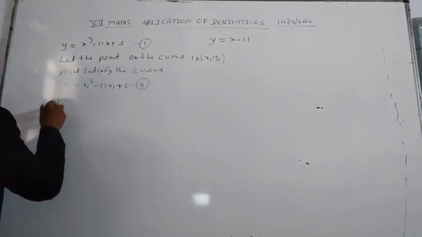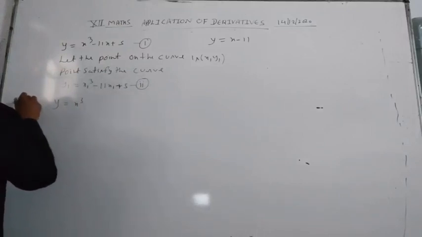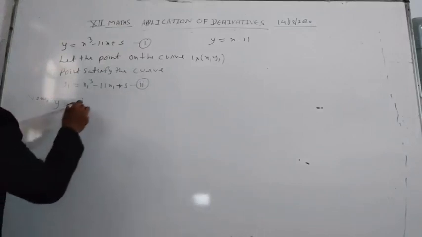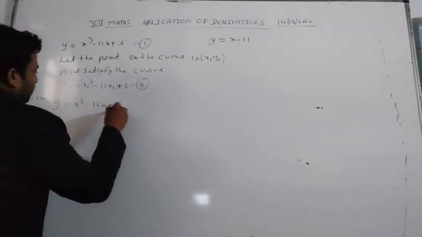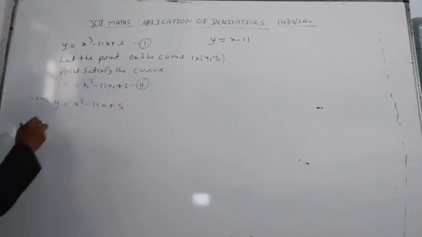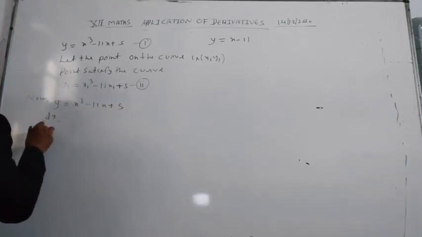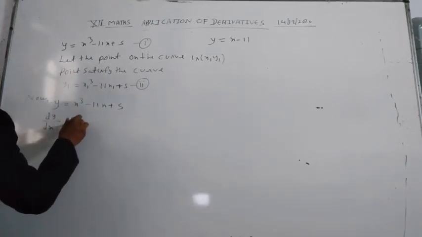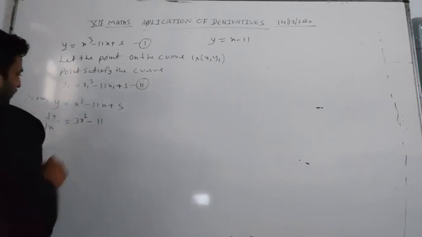Now y is x cube minus 11x plus 5. Now we will differentiate this. So dy by dx is 3x square minus 11.